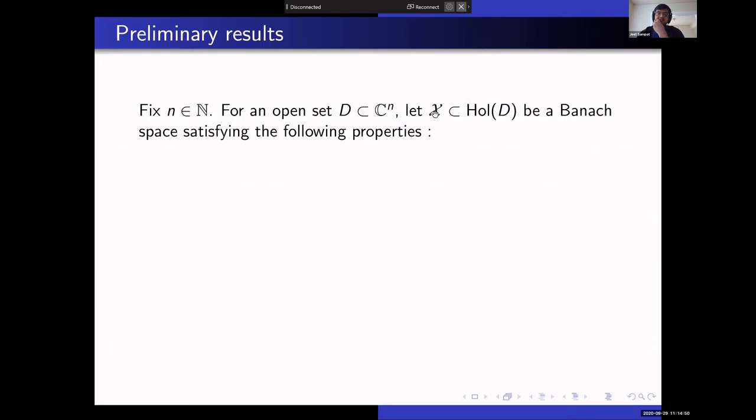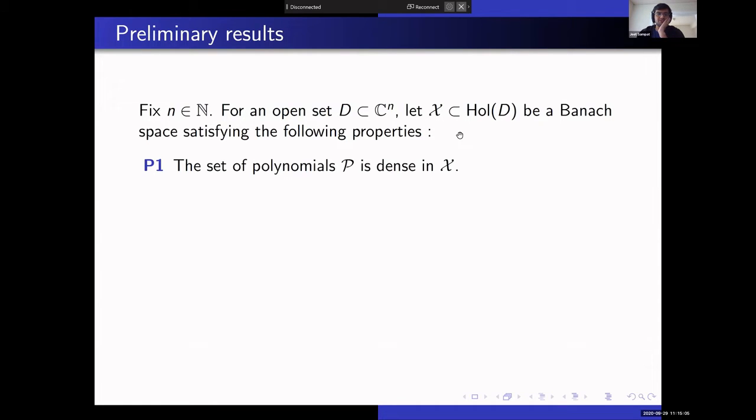I'll take a Banach space X, a subspace of holomorphic functions on D, which satisfies the following properties. These are going to be very similar to X1 through X3, as you saw in the previous theorem.